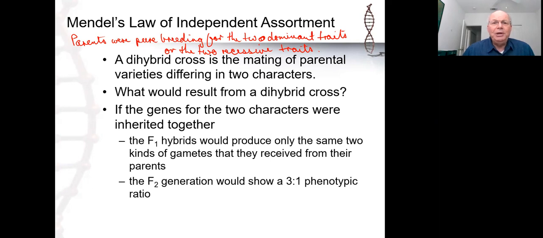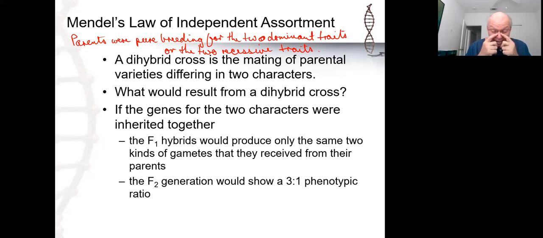The idea of having these pure breeding parents was so that he could get F1s that had combinations of the two alleles. Again, an extension of what he'd already found in his monohybrid crosses. Remember, the F1s there were heterozygous individuals, starting with his pure breeding parents.